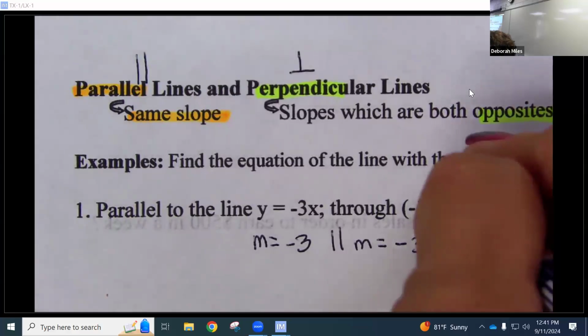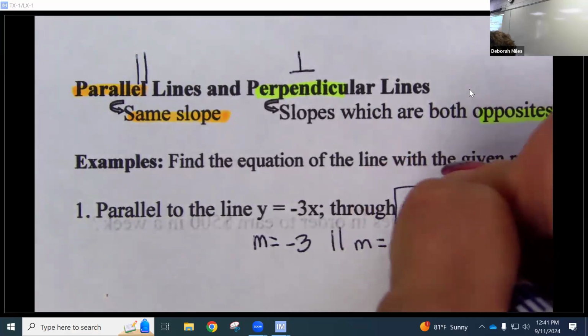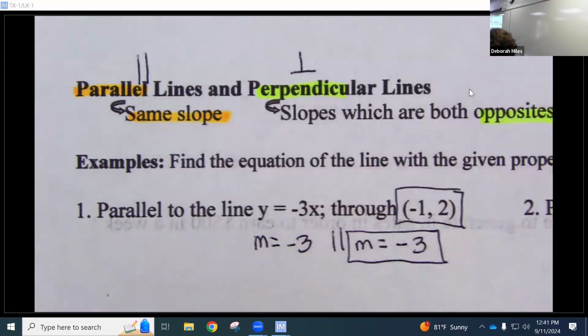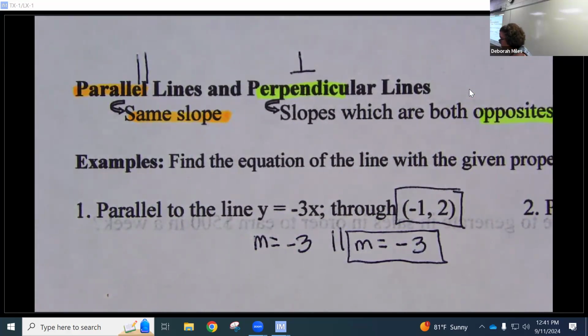And if I use this point and this slope, what would I plug them into? Get the equation of the line. A point and a slope, so I'd use point slope form. Now, some of you are used to using slope intercept form for everything. And if that's the way you learned it and you consistently get the right answer, I'm not going to argue that my way is better than your way.